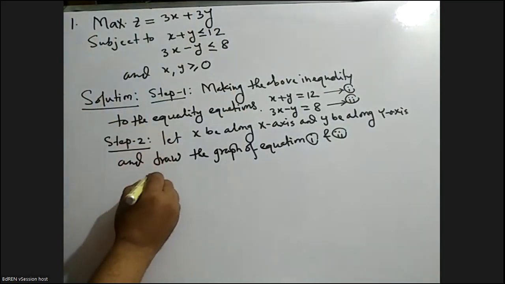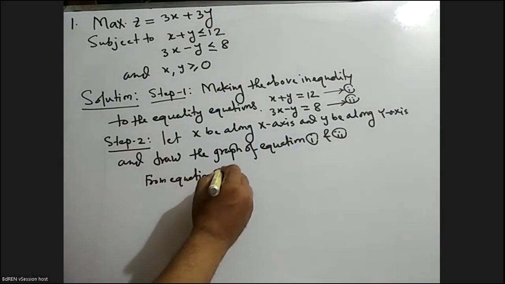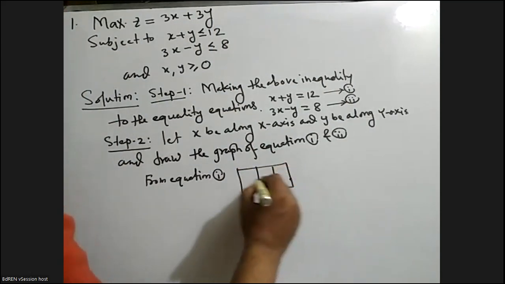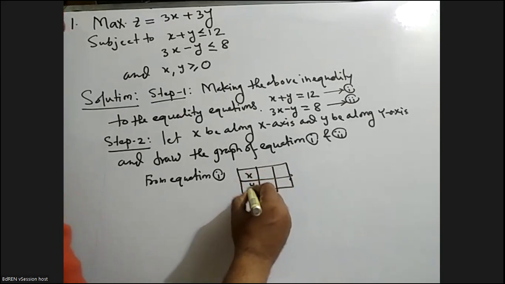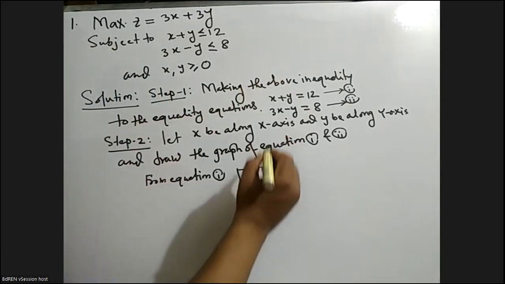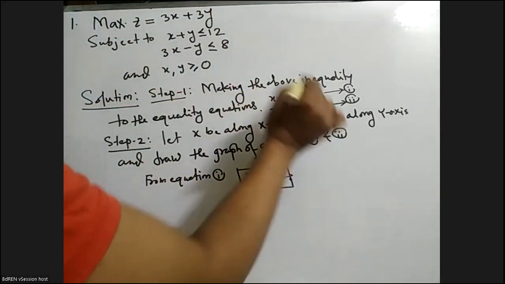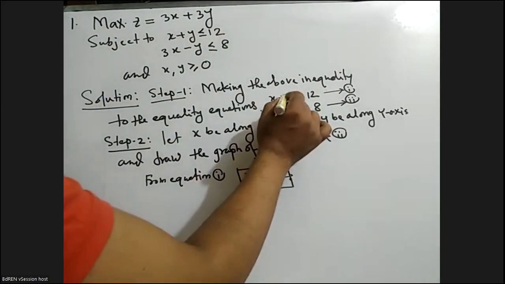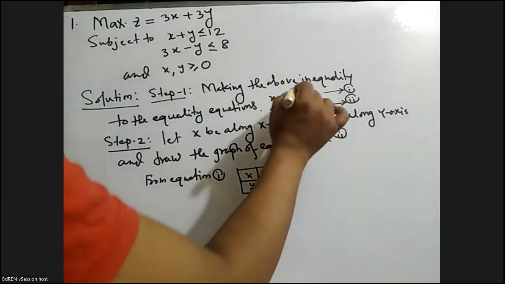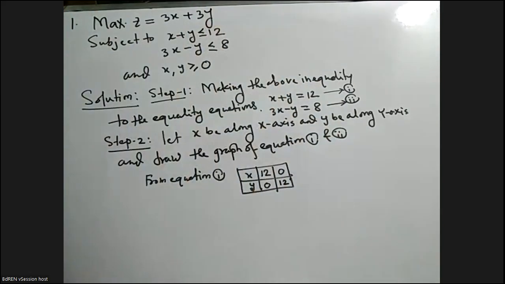You have to draw the graph of equation 1. How? From equation 1, we can write a box. This is the box of x and this is the box of y. Suppose for equation 1, if y equals 0, then x equals 12. If x equals 0, then y equals 12.